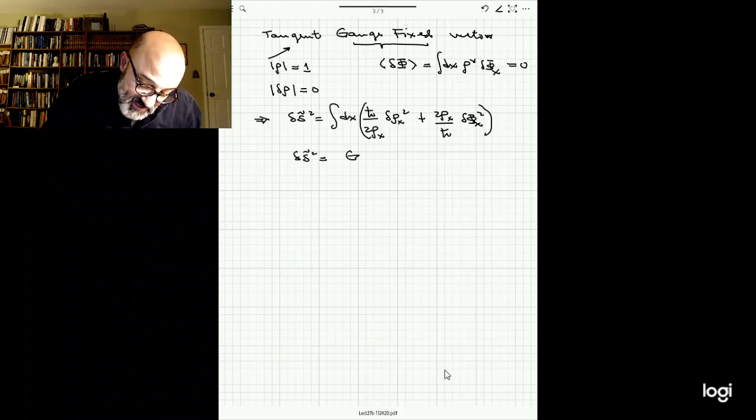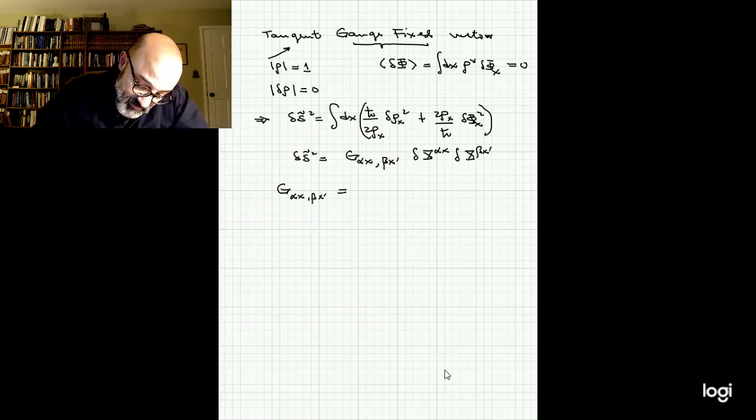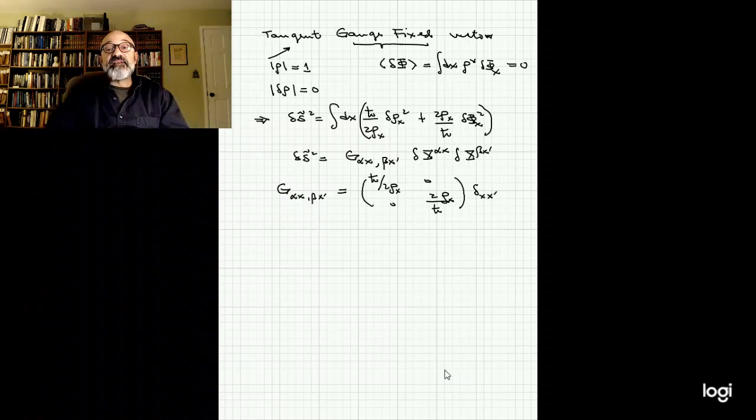then this would become something like alpha x, beta x prime, delta x, alpha x, delta x, beta x prime, where this metric, and this is the crucial point in all of this, takes the form h over 2 rho x, 2 over h, 2 rho x over h, yes, and then zeros here, and the Kronecker delta that we had before now becomes a Dirac delta.